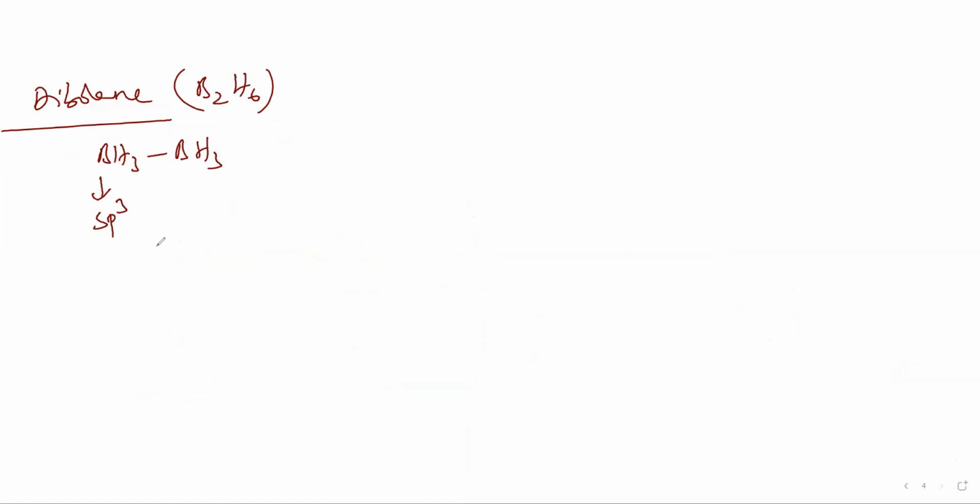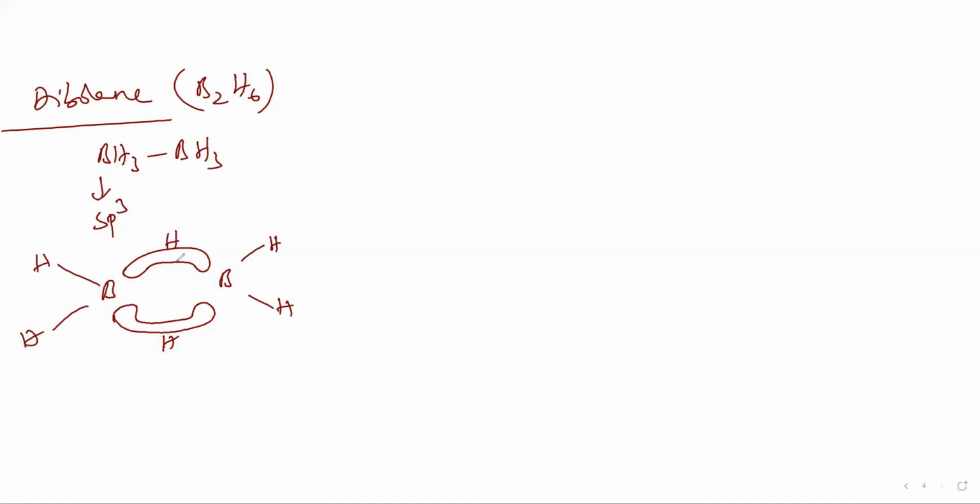Now, when it comes to its structure, it has H, H, H, H. So these are called banana bonds. How many banana bonds? It possesses two banana bonds. Okay, this is one point.